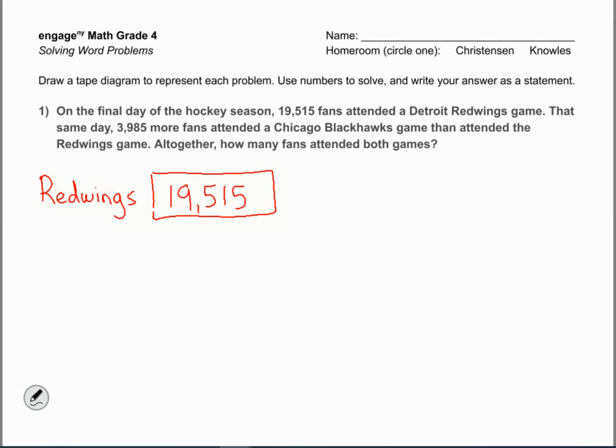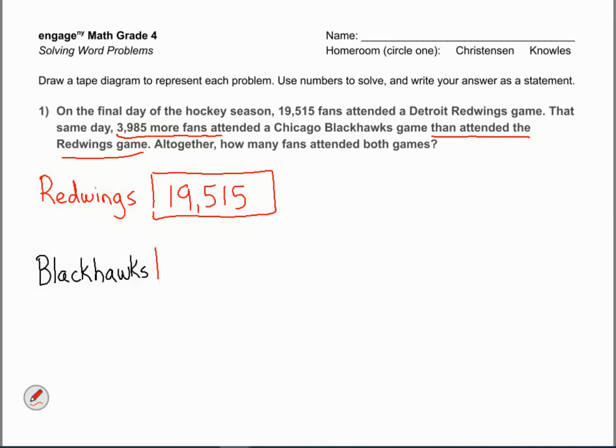And now we have a Blackhawks game taking place in Chicago. And I don't know if you picked up on this, but they had 3,985 more fans attending their game than attended the Red Wings game.